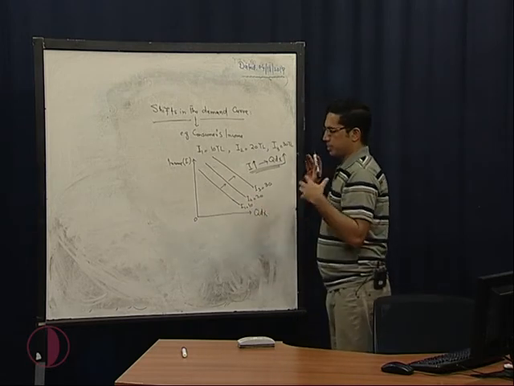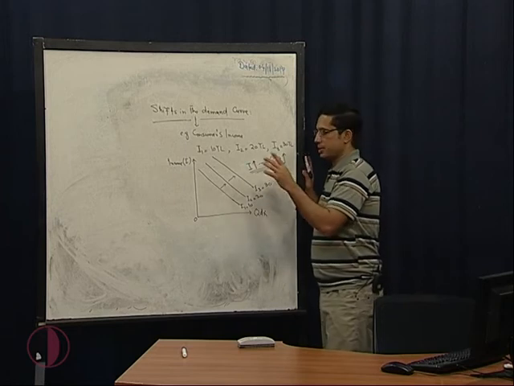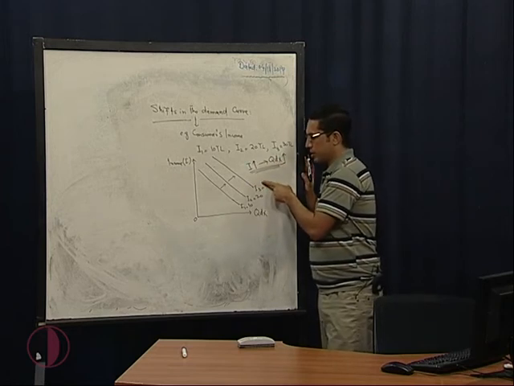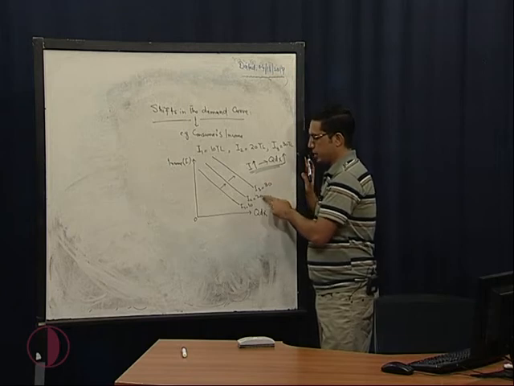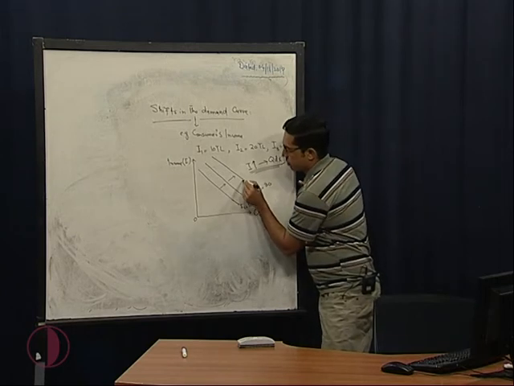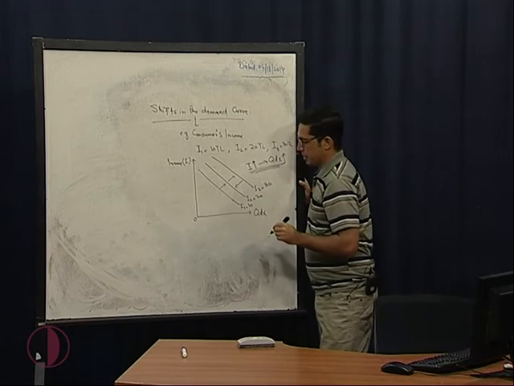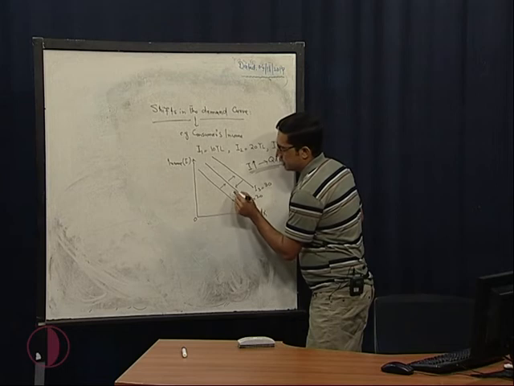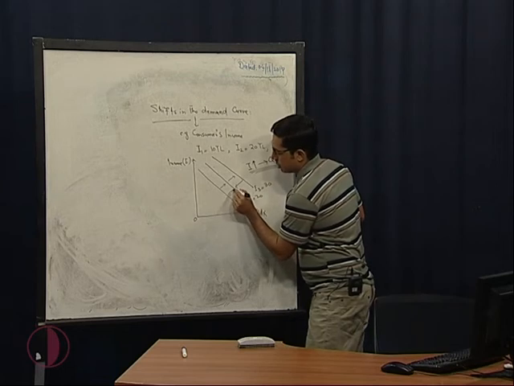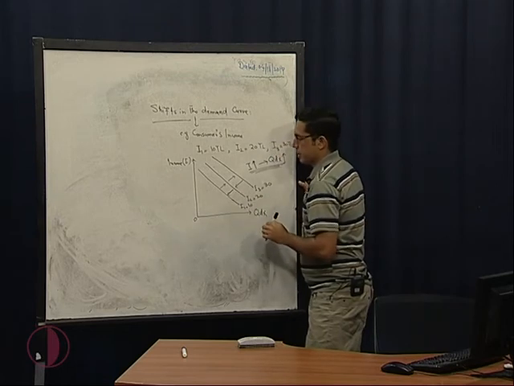Suppose income decreases. If this is the original income and from 30 it decreases to 20, the curve will shift to the left side. Again, if the income decreases more, the curve will shift towards this side.